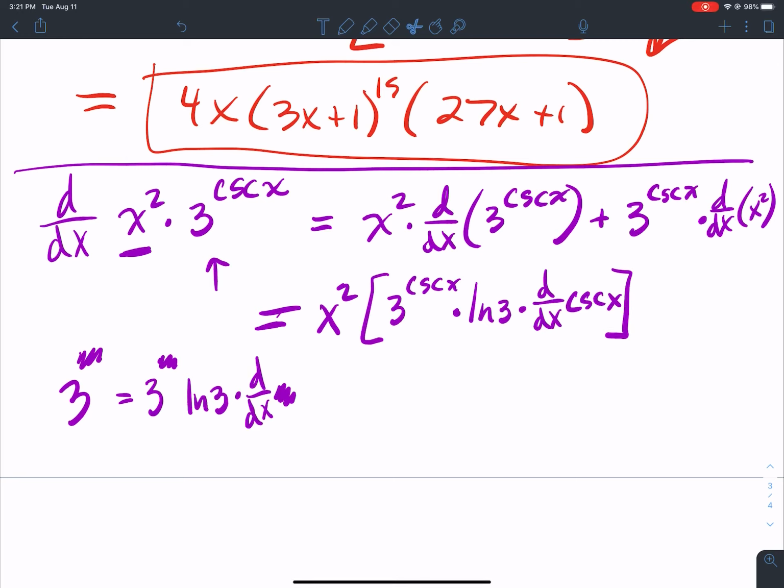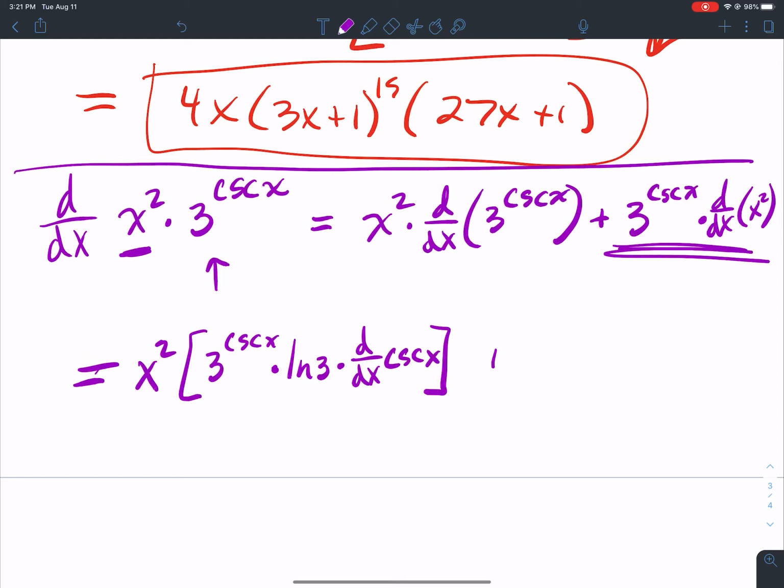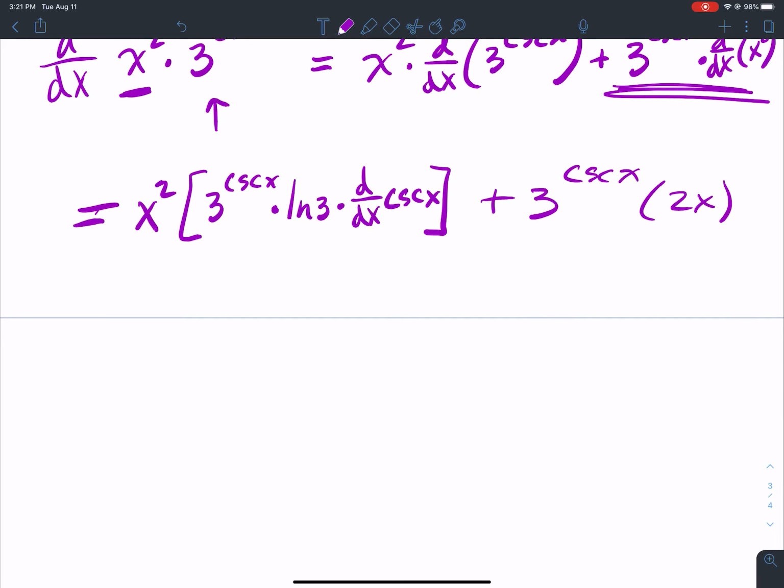Okay? So let me move this out of the way because that's only the first part. Now I need to do the second part. The second part is 3 to the cosecant x times the derivative of x squared, which is 2x. Now, simplifying this, the derivative of cosecant is actually equal to negative cosecant x cotangent x.